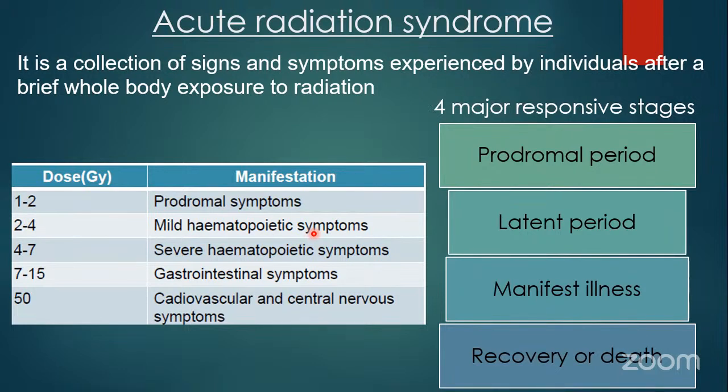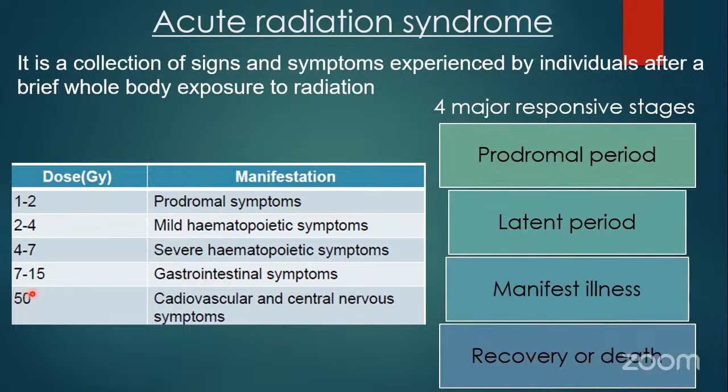In case of 4 to 7 gray, there are severe hematopoietic symptoms. Apart from reduction in your RBCs and platelets, there's going to be a definitive reduction in your WBCs also, because of which the patient is more susceptible to any kind of infections. And when the dosage is increased to 7 to 15 gray, the patient will manifest with gastrointestinal symptoms like ulcers and all that.